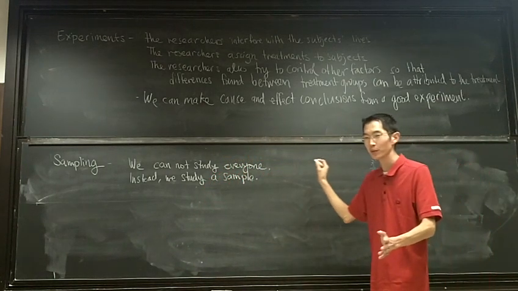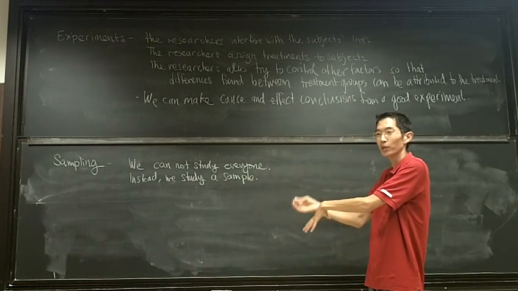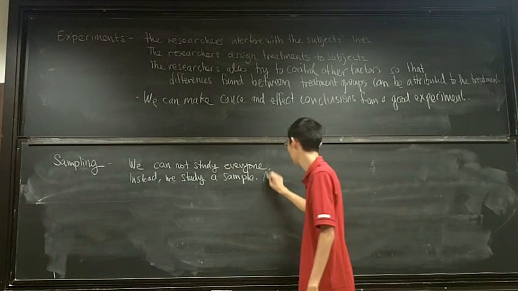And so a sample is maybe 100 or 1,000 or basically a smaller selection that we hope is representative of the population.